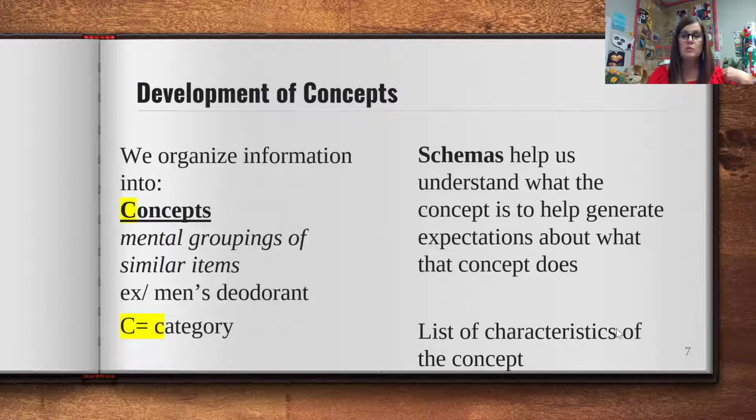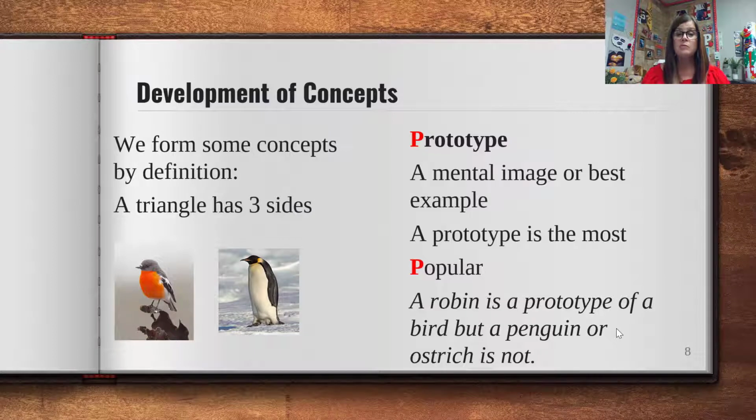It's a mental representation. So we have concepts, we have schemas, and then that allows us to develop what we call a prototype. And a prototype is that mental image or best example. And remember that a prototype is the most popular example.